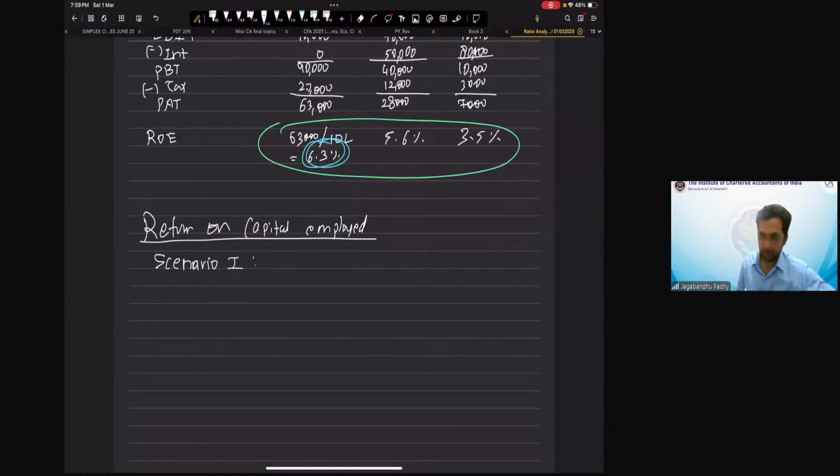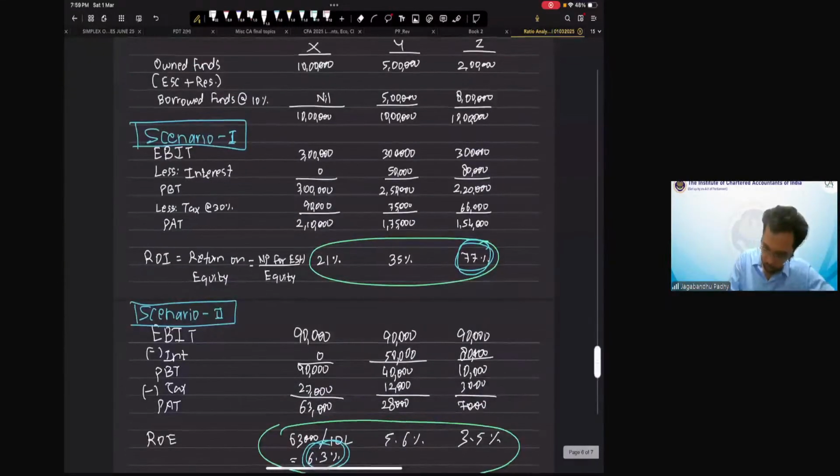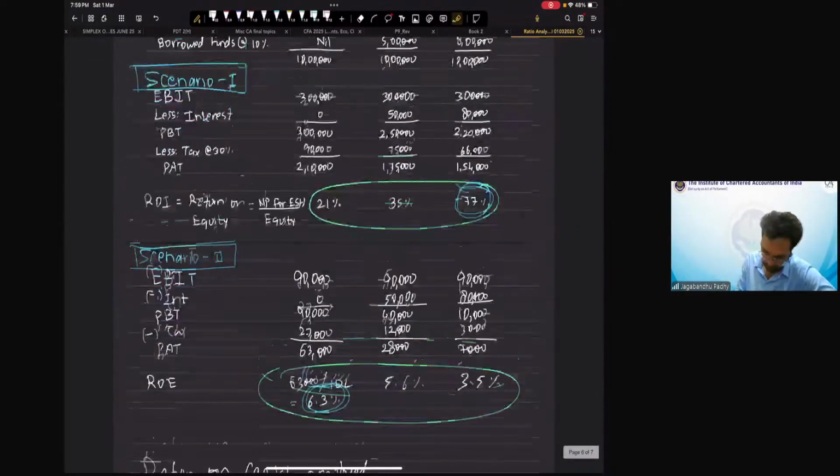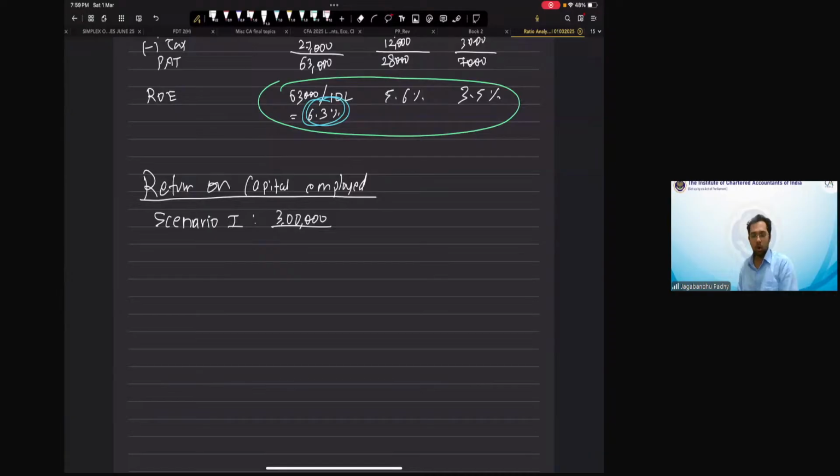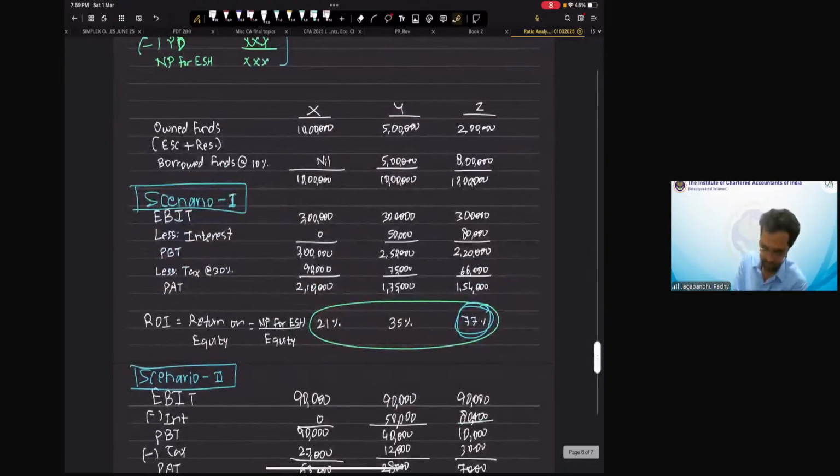in scenario 1. Remember, all three companies had an EBIT of 3 lakh. Right? So business was actually providing us an EBIT of 3 lakh on an investment of how much? 10 lakh. Because the total money invested in the business was 10 lakh in all three companies.